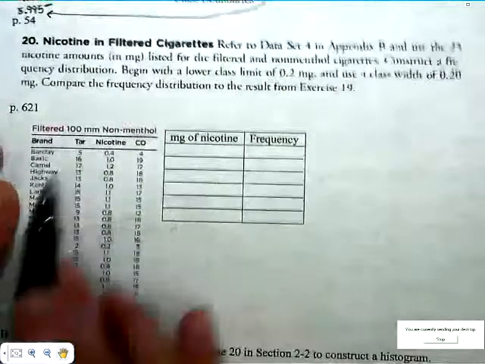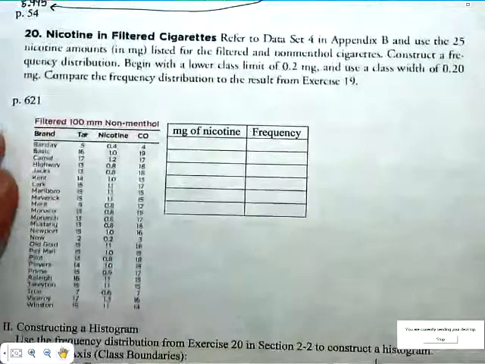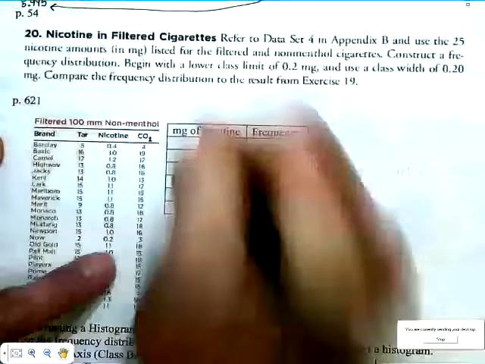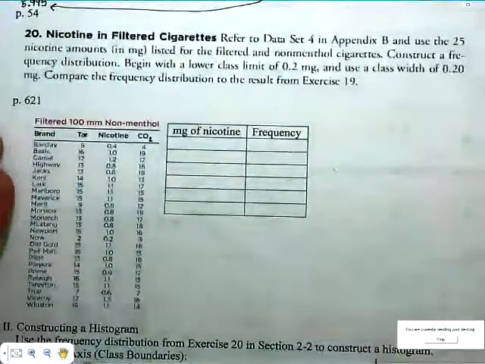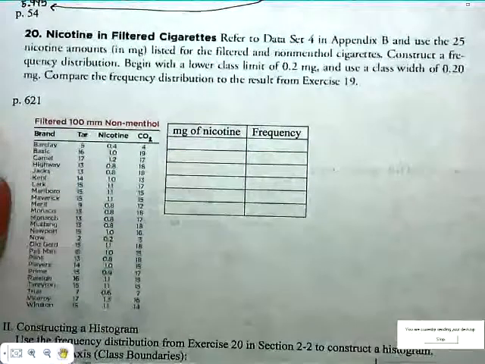We have the amount of tar, the amount of nicotine, and the amount of CO, I think that's supposed to be CO2, and the 2 got cut off. That's carbon dioxide. Construct a frequency distribution, begin with the lower class limit of 0.2 milligrams, and use a class width of 0.2 milligrams.